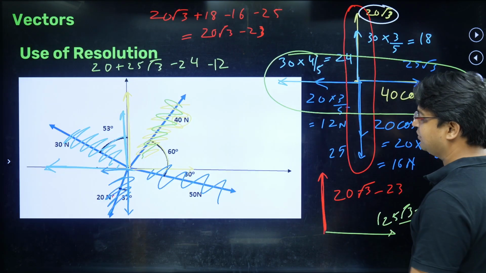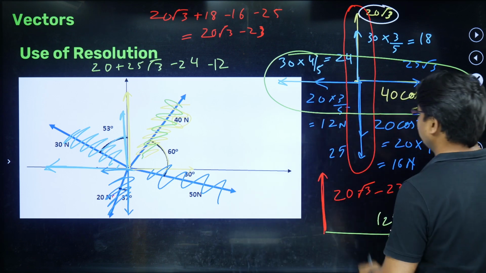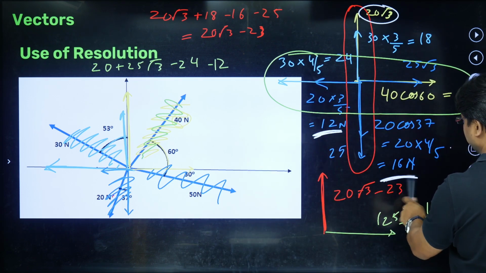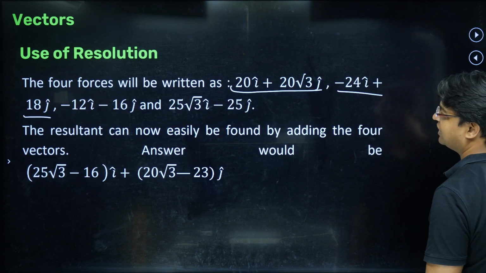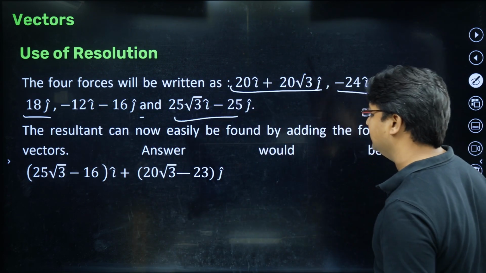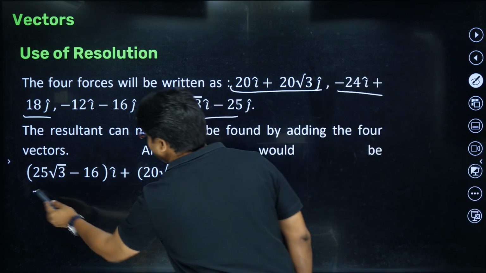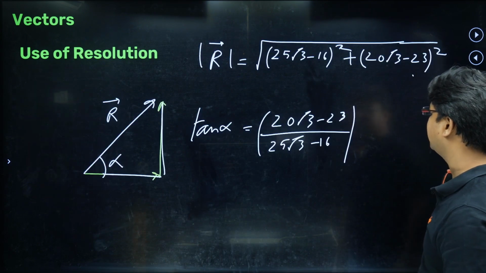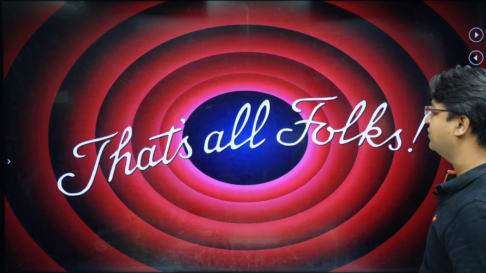So the next one was this one. You can see it is in negative. And the last one was this. And when we add them, this is what we got: 25 root 3 minus 16 and 20 root 3 minus 23. I think we got the same result. So that is how we can add.